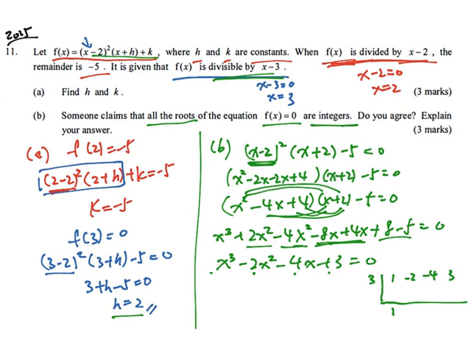So 1 copy, 1 times 3 is 3, plus -2 is 1, then 1 times 3 is 3, plus -4 is -1, and then -1 times 3 is -3, plus 3 is 0. So that means this is x minus 3, and then x squared plus x minus 1 equals 0.